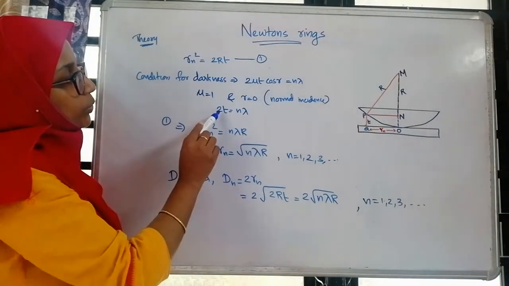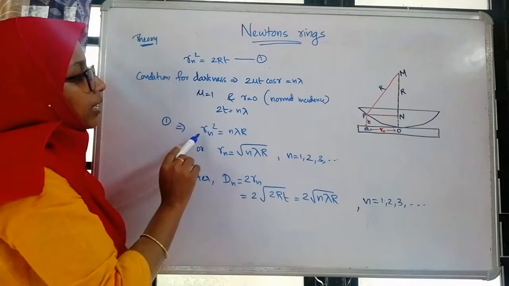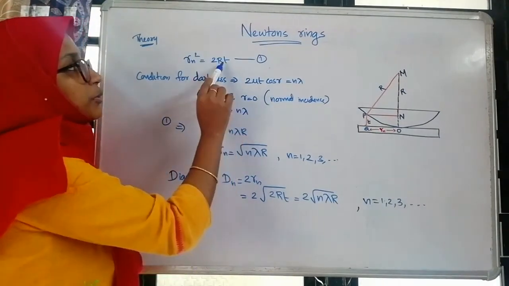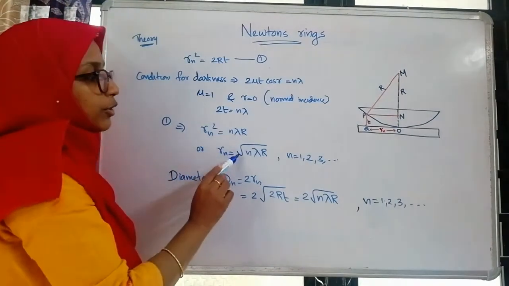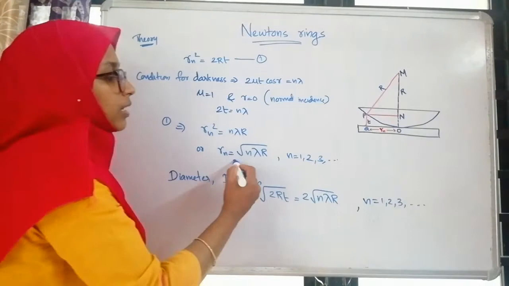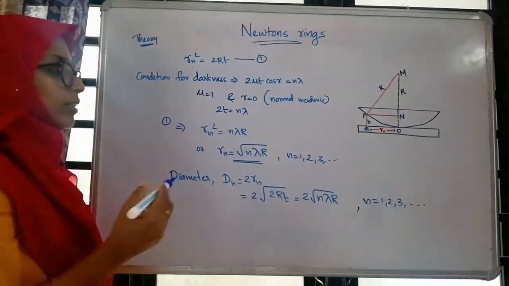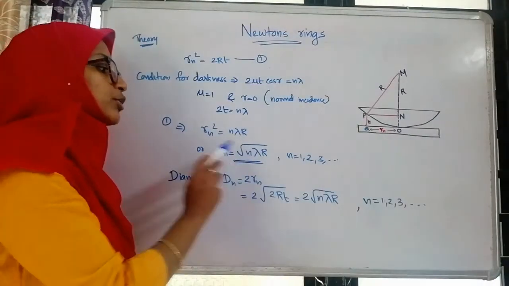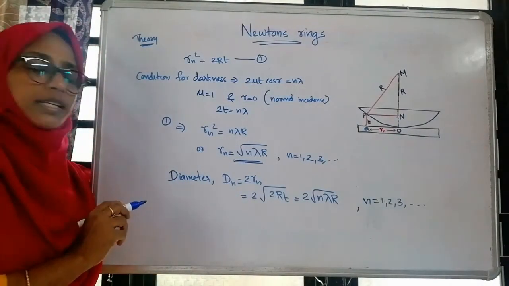And 2T will be equal to n lambda, and Rn square is equal to n lambda R when substituting in this equation, or Rn is equal to root of n lambda R, where n is equal to 1, 2, 3, etc. That is, the radius of the corresponding dark ring will be proportional to the square root of the natural numbers.